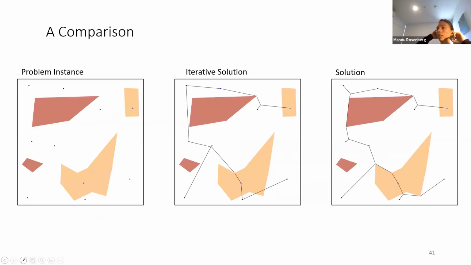This is an example problem instance where the dark areas are my solid obstacles, and the light areas are the soft obstacles.